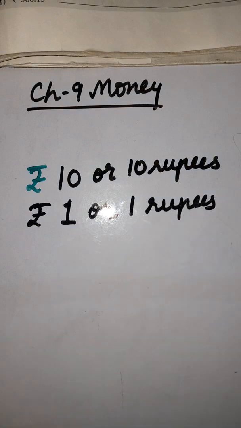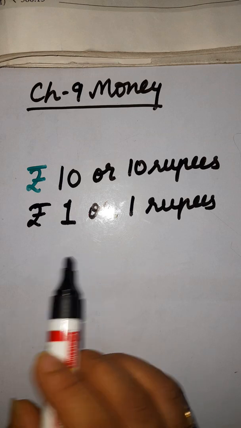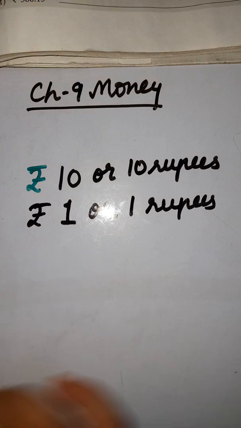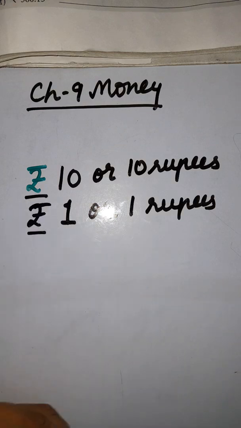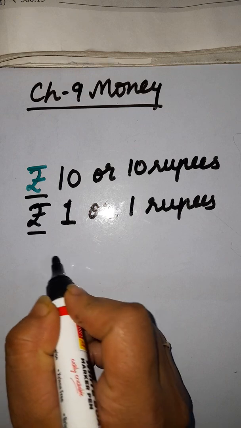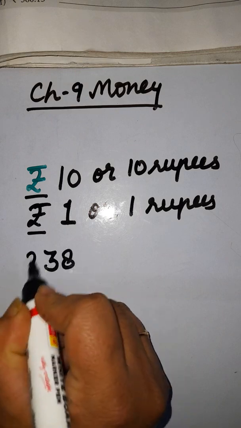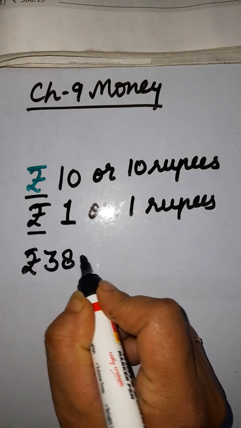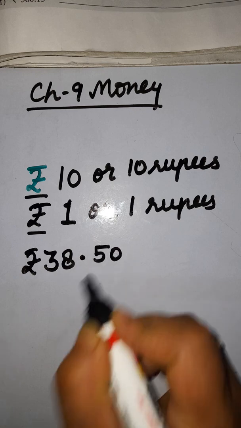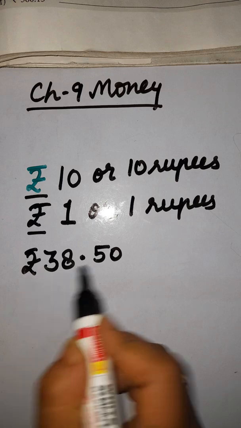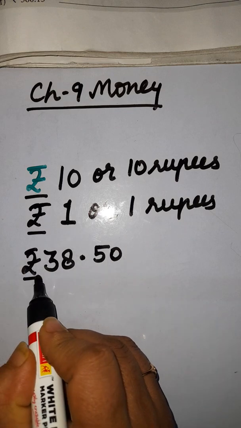Okay? Using symbols, the amount of 38 rupees and 50 paise will be written as, using symbols, इस symbol को use करते हुए, if we have 38 rupees and 50 paise, we'll write this amount as rupees symbol here.